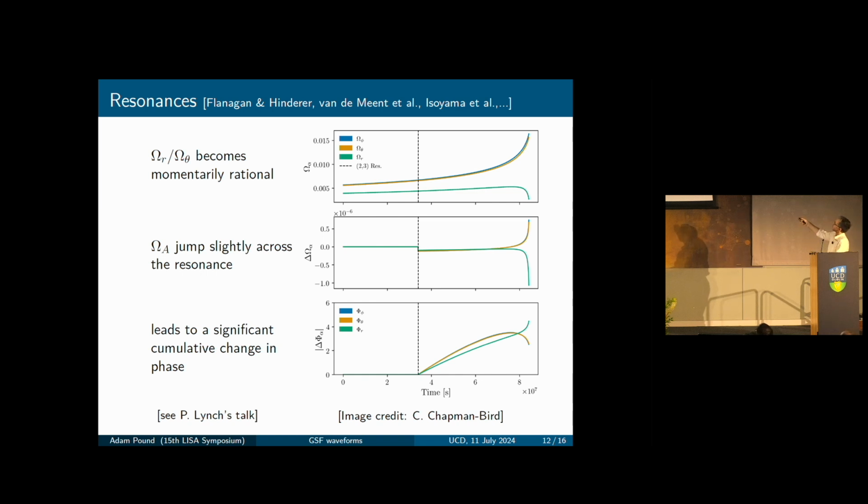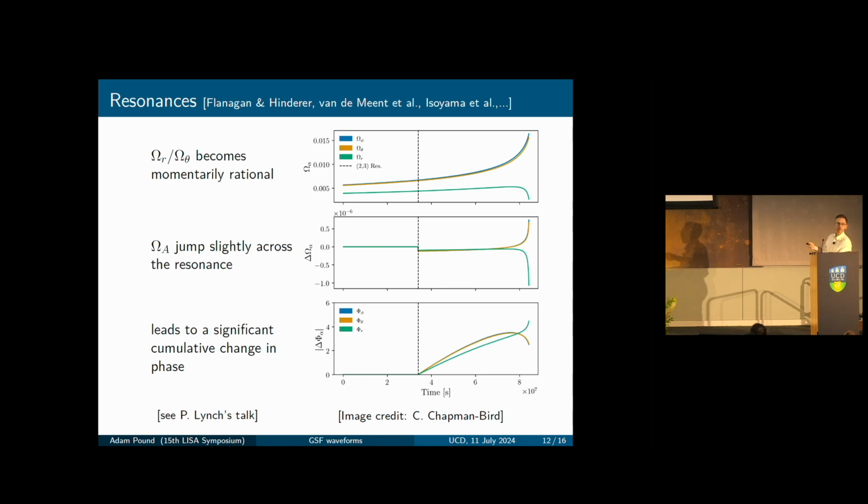Now, if you look at just these plots of the frequencies, you don't see anything in particular happening. But if you zoom in on the resonance, basically you get a little tiny jump. So this is the change in the frequencies across the resonance. This is a mock-up model. This is not a real value of the frequency jump.